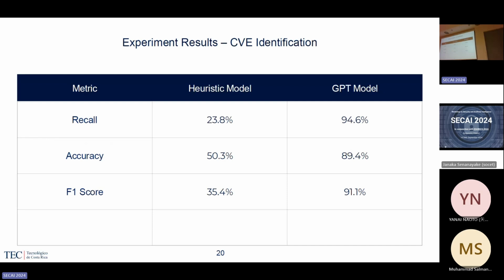Accuracy, well, basically the GPT model was also more accurate than the heuristic model, and also has a more balanced F1 score. So, thanks to these results and the previous experiment, we can say that the GPT model behaves better in this kind of experiment than the heuristic.